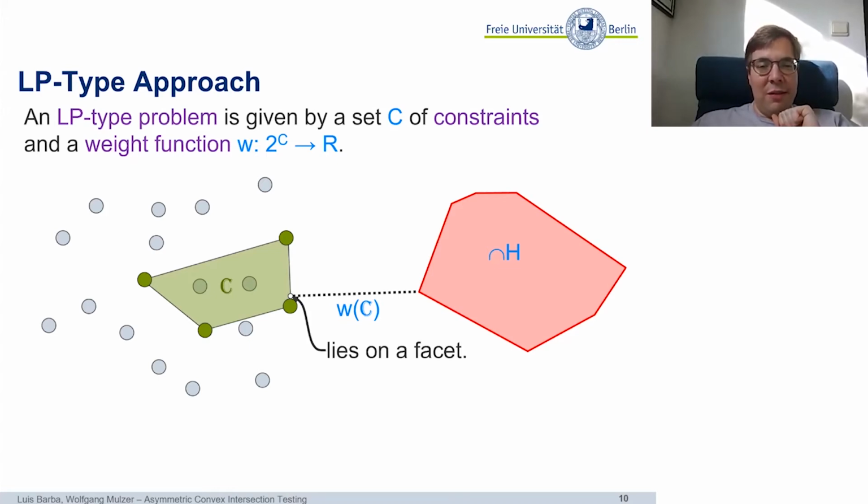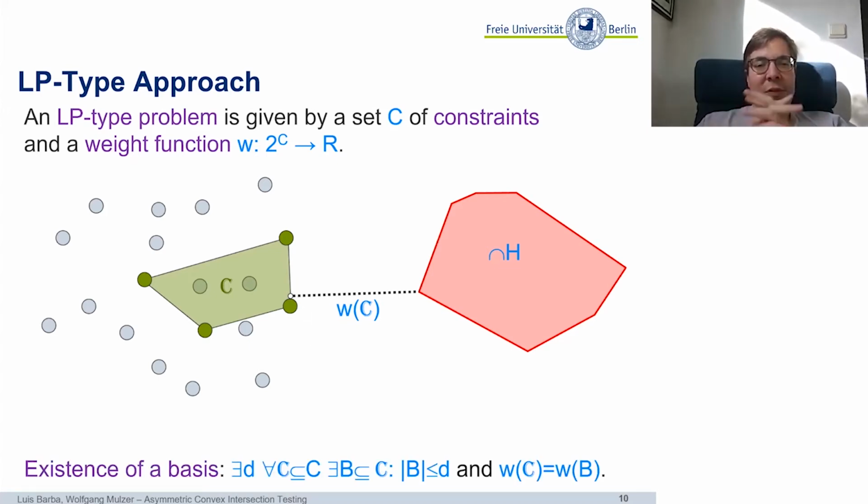This is one of the most important properties that we need. In order for the LP-type framework to apply, we need the LP-type problem to satisfy a certain set of axioms. And the most important axiom that I just tried to illustrate is that there exists a basis.